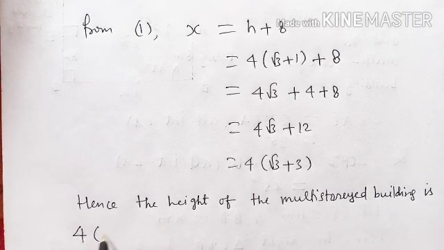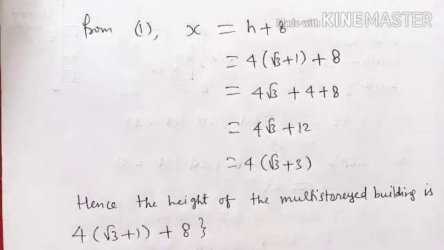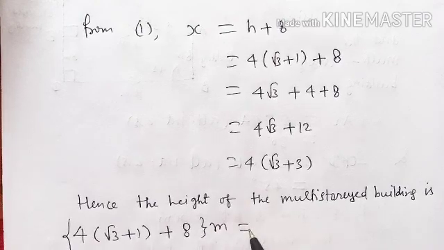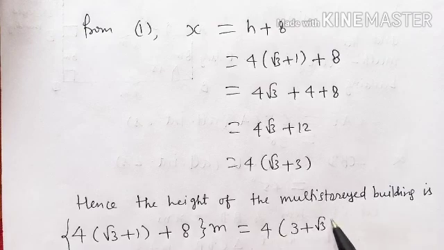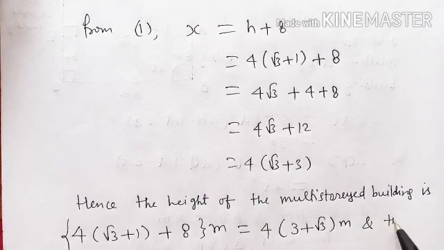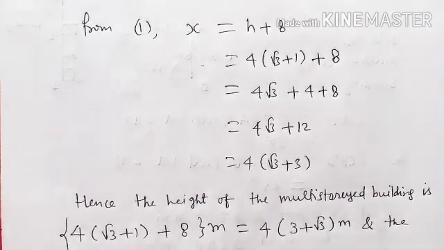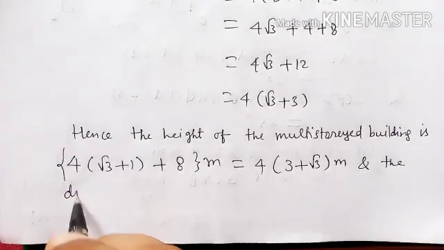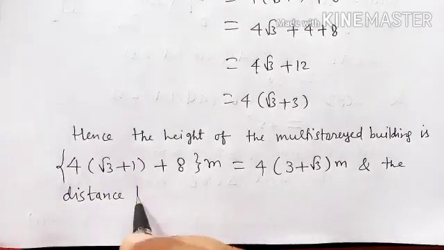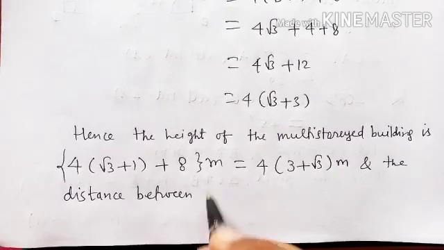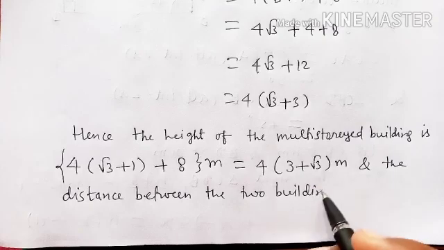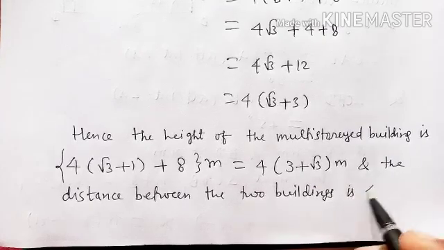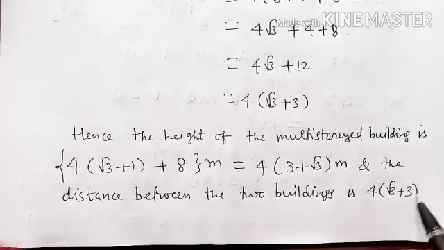So 4 into root 3 plus 1 plus 8 meter. This gives us 4 into 3 plus root 3 meter, and the distance between the two buildings is 4 into root 3 plus 3 meter.